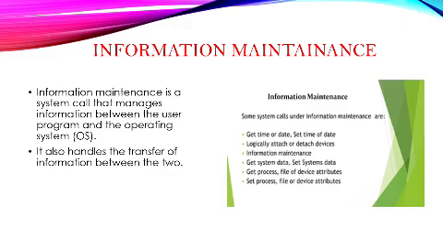We can see some of the system calls under information maintenance, like get time or set time, logically attach or detach devices, get system date and set system date, get process file or device attribute and set process file or device attribute.